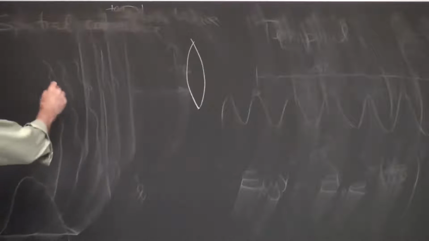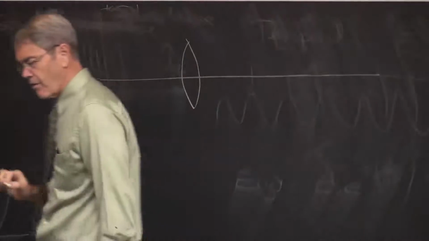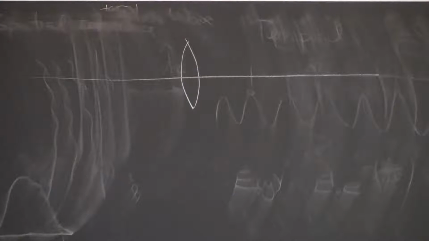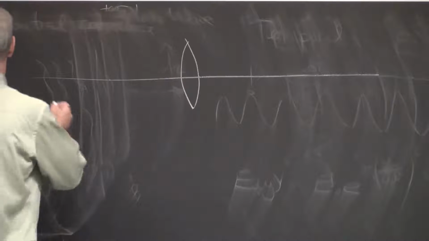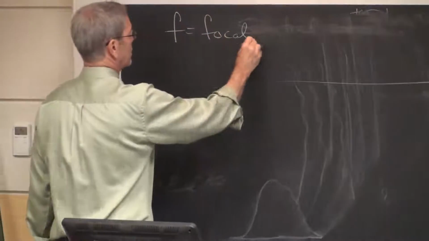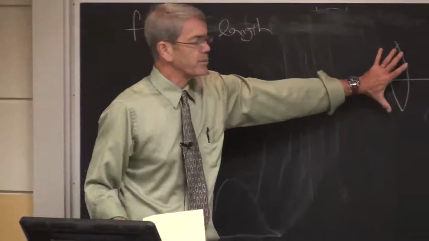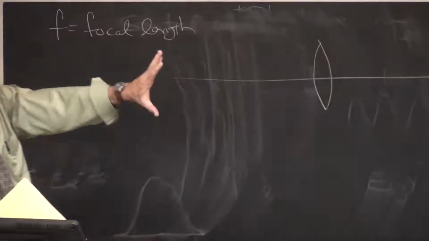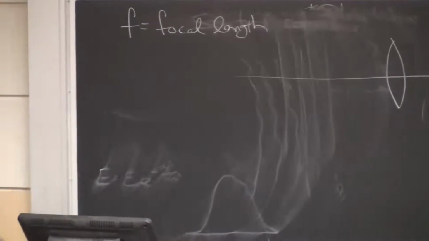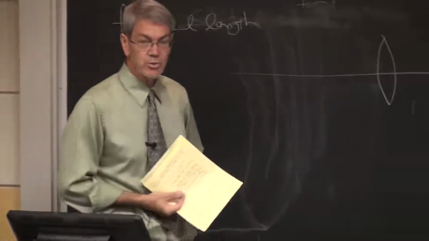So here's my lens, here's my optical axis, and all lenses are characterized by a focal length, f. It also has aperture size and all that, but that has nothing to do with our matrix. All we need is a focal length for this system. So how does a lens work?